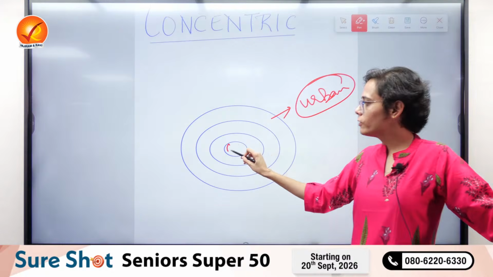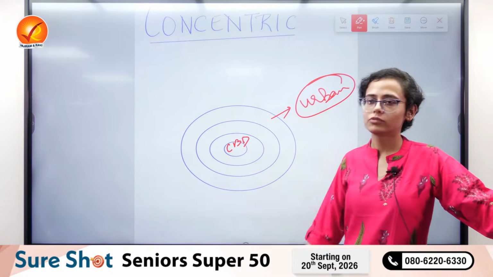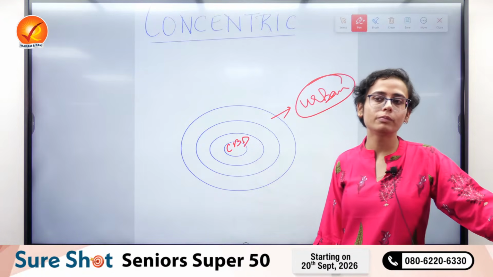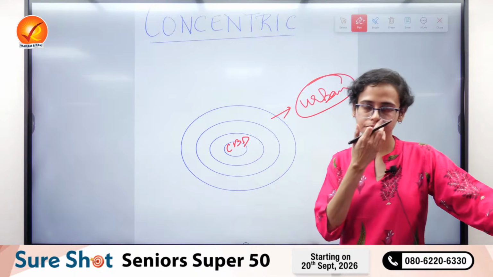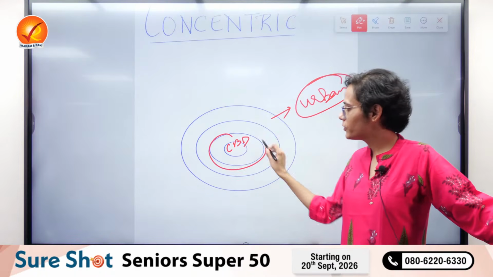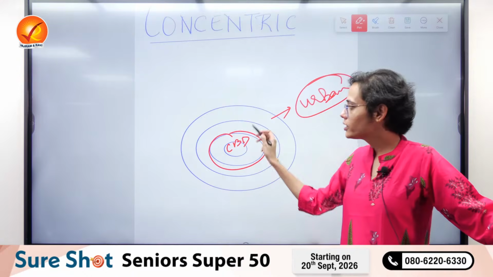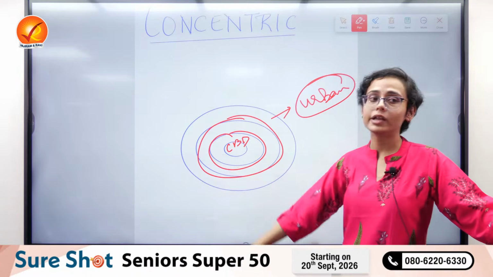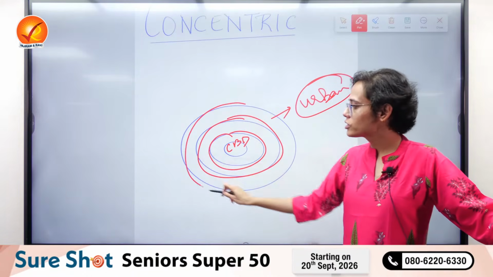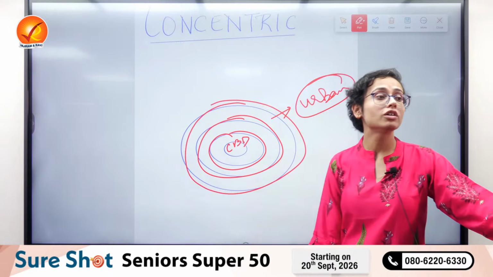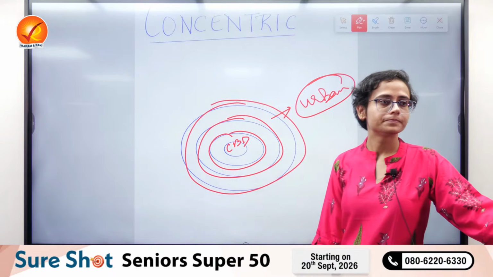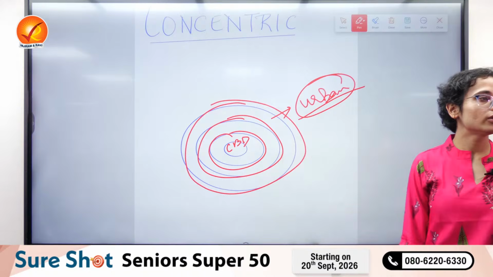So in the core we can put the CBD. CBD you all know, Central Business District. In the outskirts of it we can draw the residential working class. In the outskirts of it we can show the middle working class, and in the outskirts we can show the commuter zone. We can show it for urbanization.